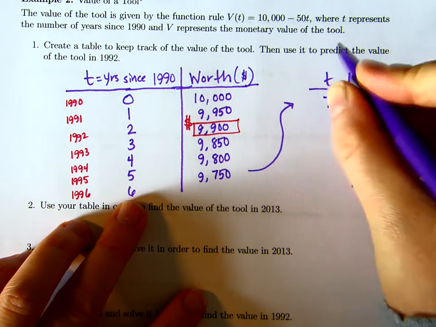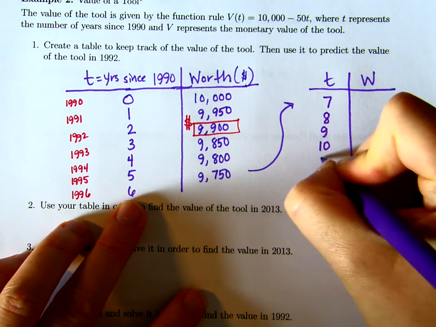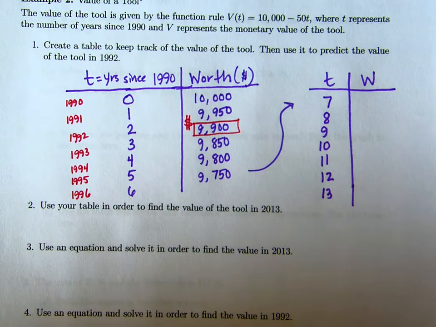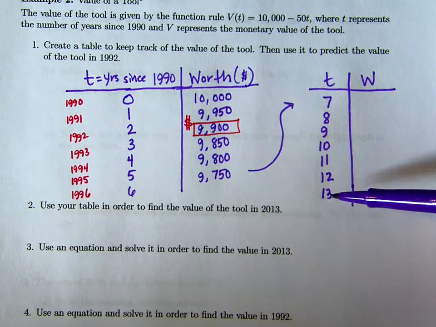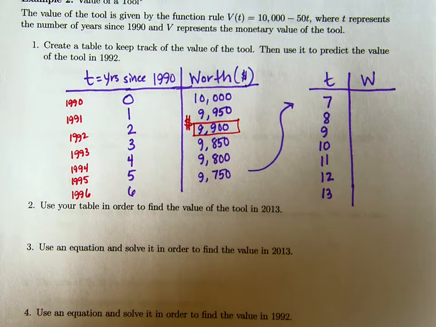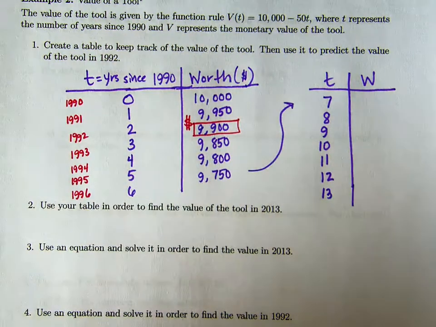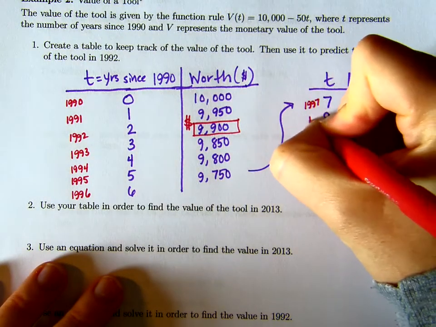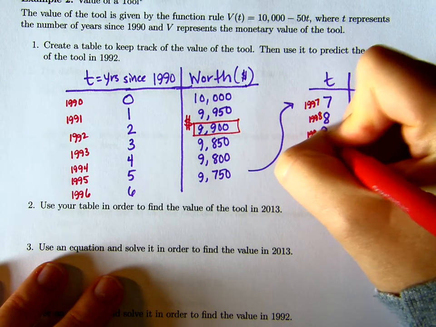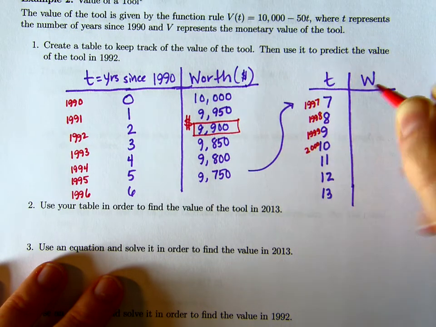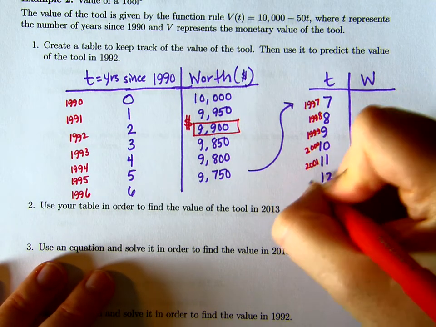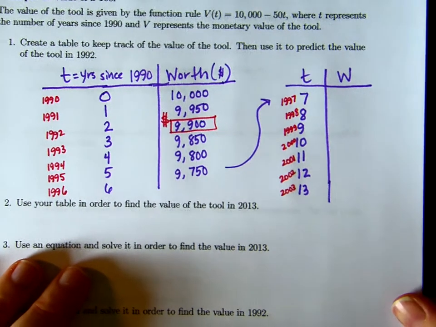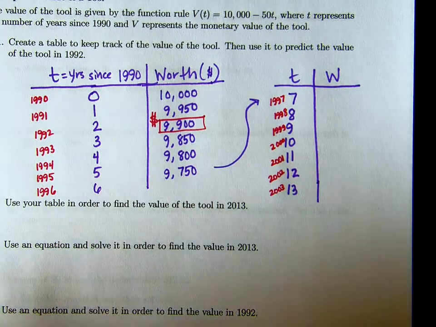Let's go 7, 8, 9, 10, 11. I think we have to go all the way to 13. Is that just going to be 2003? Hold on. Okay, here we go. This is 1997, 1998, 1999, 2000, 2001, 2002, 2003. And we have to go 10 more? Here we go.